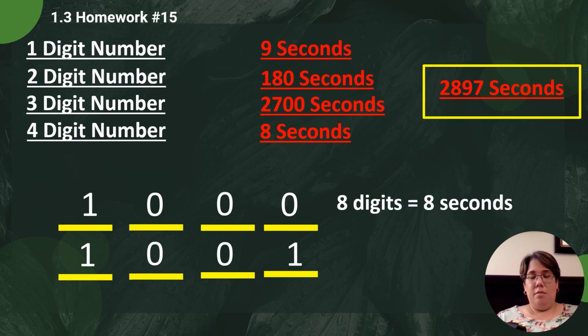I would subtract like the 3 digits that it would take to get to the 998, or 6 to get down to 997. So just know that you can add or you can subtract to get down. So, all right. I hope that helps you with number 15, and that is going to conclude our 1.3 homework.